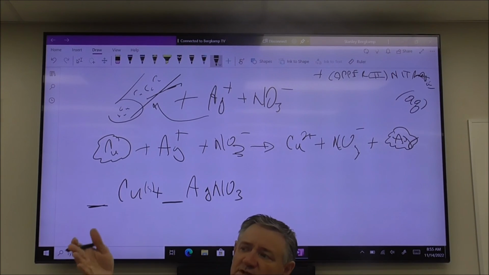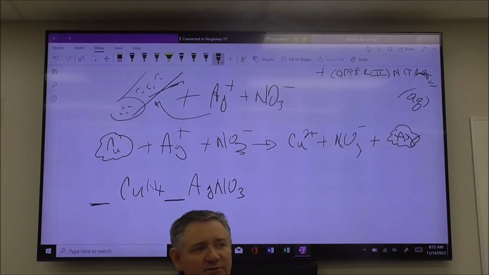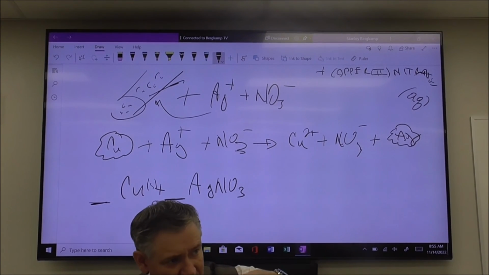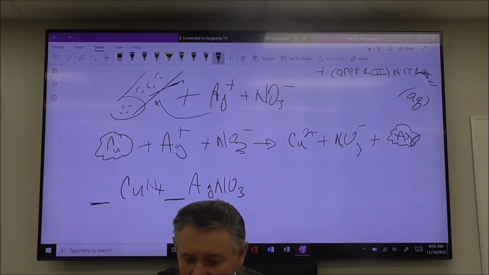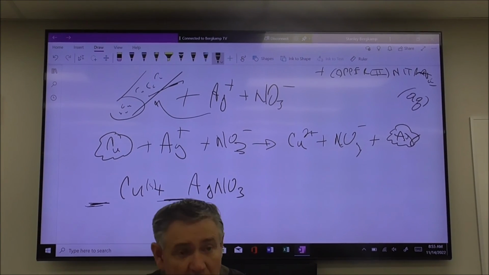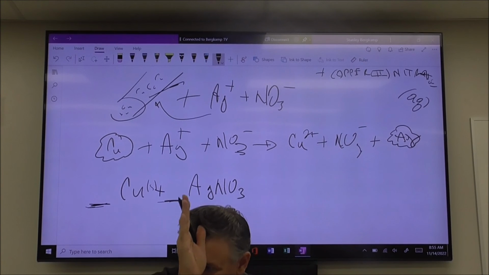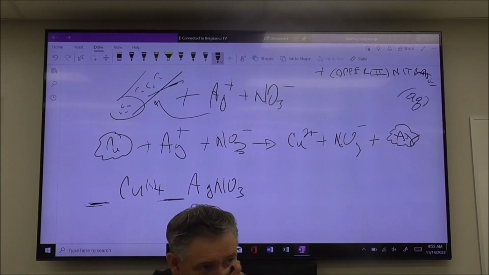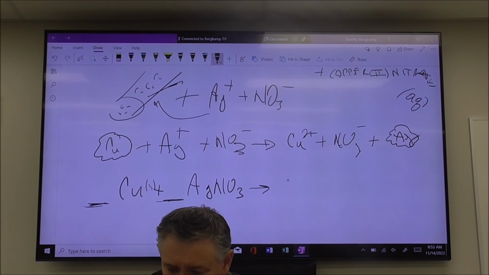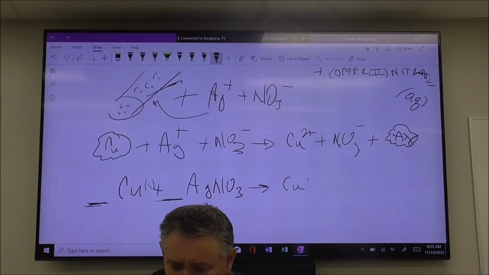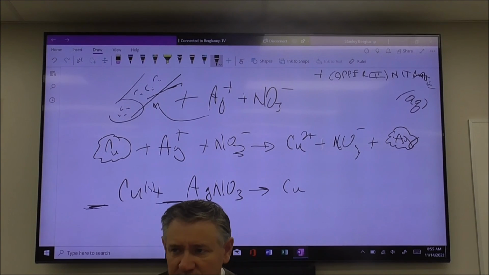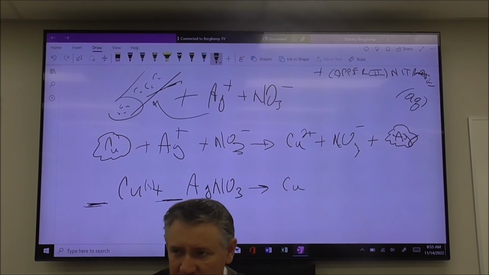Because if you don't, then you have to go back and put in the coefficients, and then it gets really crowded. So what I would recommend is that you get in the habit of putting a dashed line in front of the compounds. Because that way you don't have to try and squeeze in a coefficient in between. So I'm going to get copper 2 nitrate. Now, how am I going to write copper 2 nitrate? What's going to be the formula for copper 2 nitrate?